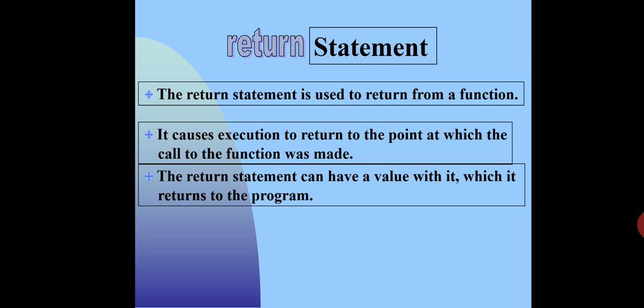Whenever a function is called and then it is returning, it may or may not return a value. Sometimes it may return some values, sometimes it may not. So, the return statement can have a value to return to the program.